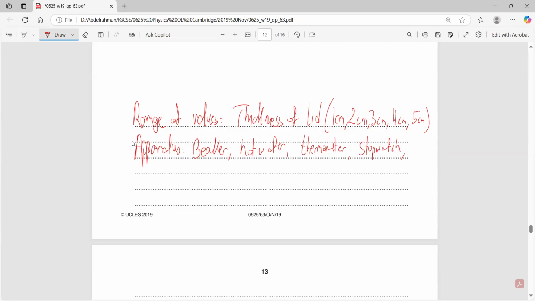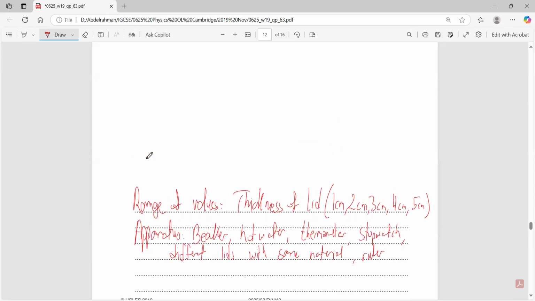You actually need the lid. You need different lids with the same material. Do I need a ruler? Yes, you can use a ruler to measure the thickness of the lids.